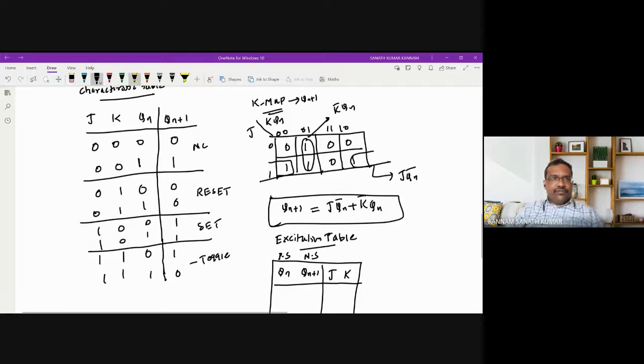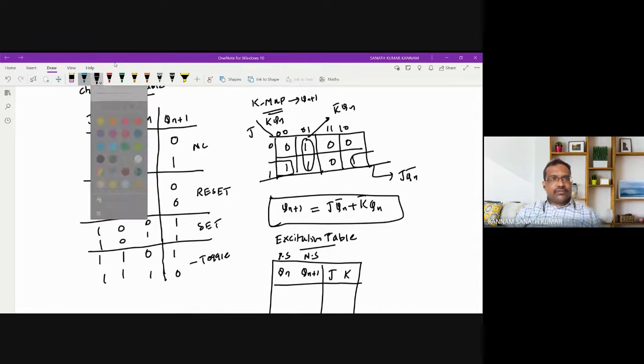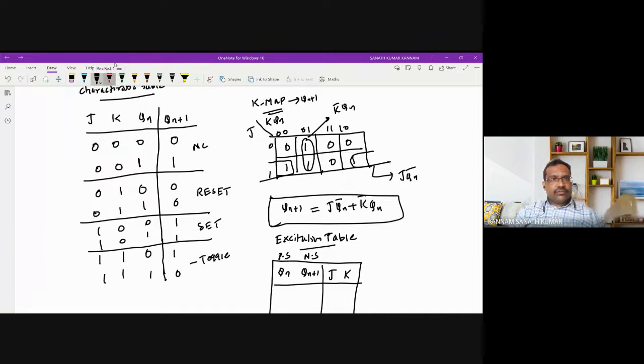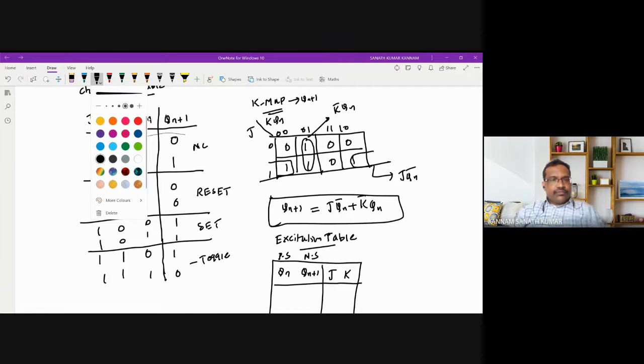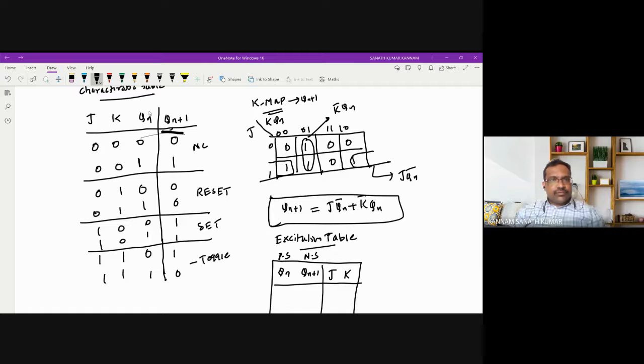So if you see, when Qn and Qn plus 1 are 0, 0, the J and K values are 0, 0 and 0, 1.